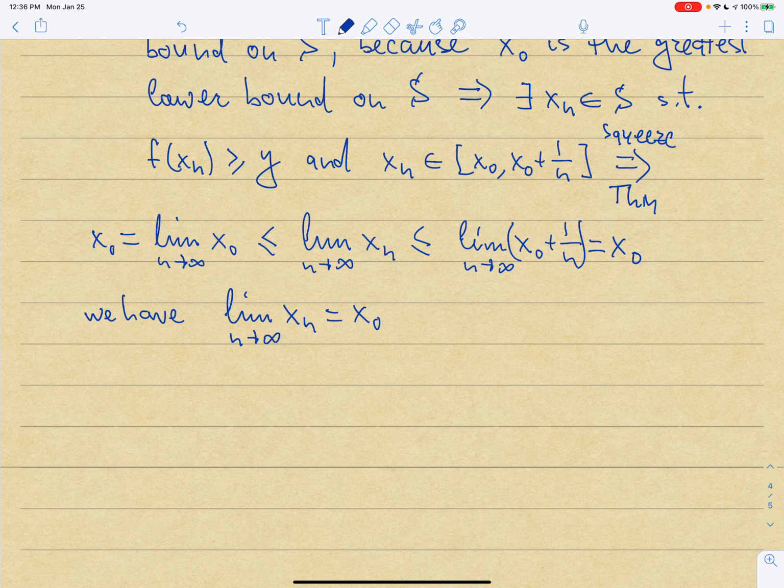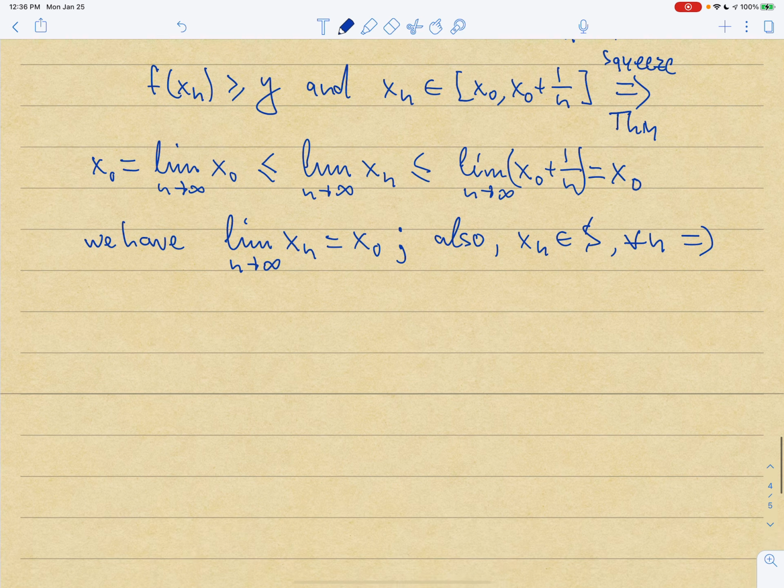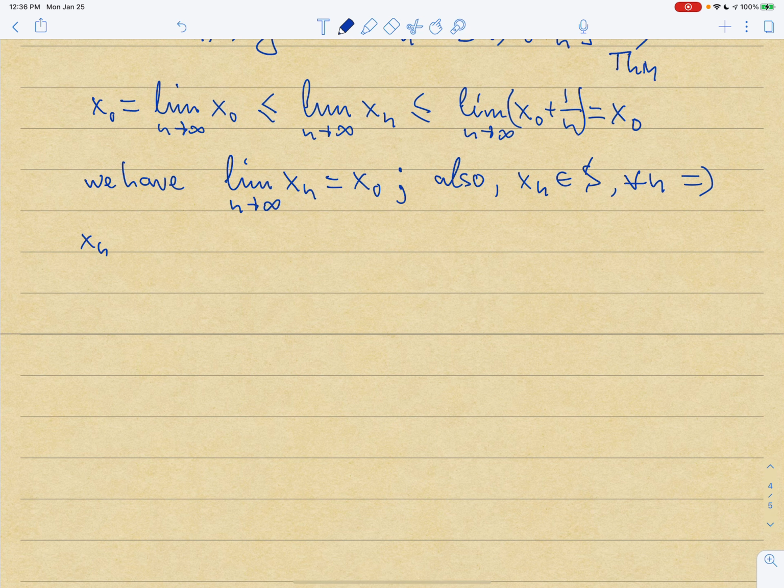Now, because xn's belong to S, xn belongs to S for any n. And so therefore xn belongs to [A, B] for any n, just because S is a subset of [A, B].